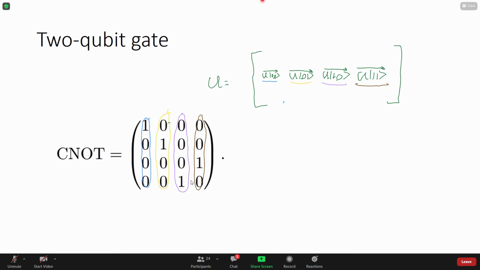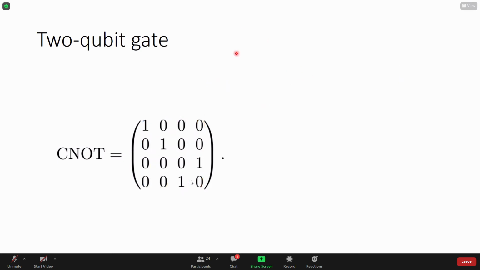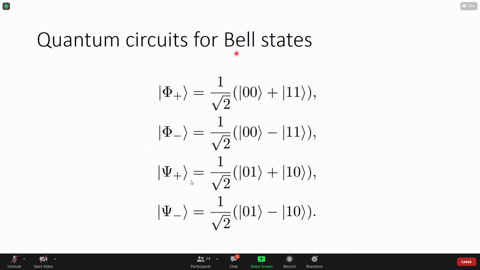Let's actually try to save this. Good. So let's go on to the Bell states here. That's very related to what we just discussed. So let's go to the whiteboard here.